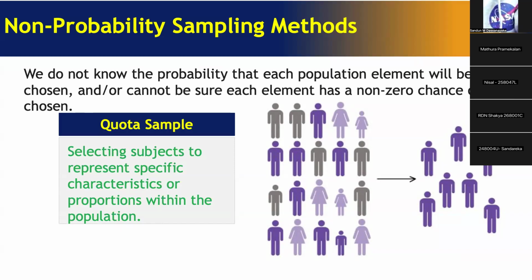Mainly we can see this with the underprivileged, like people who are getting Aswasuma, for example, people who are differently abled, or some specific characteristics in the population, and we get that quota.